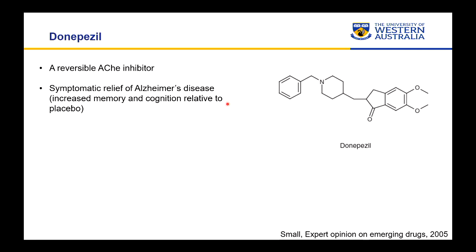And it's also important for hippocampal processing, which is your memory center. There's a lot of evidence to suggest that acetylcholine is really important for these memory processes. So again, in the human sense, it does improve memory and cognition relative to placebo. But again, we still don't know all the basic mechanisms or why.